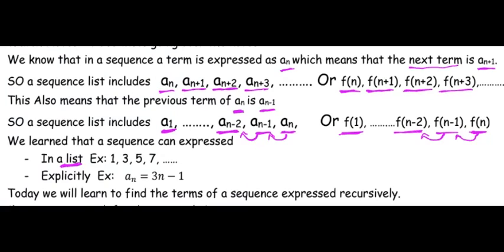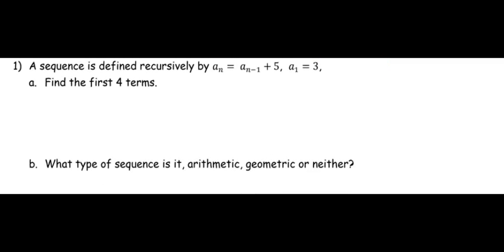Or we can express a sequence explicitly by the nth term rule. Today, we're going to learn how to express sequences recursively. That means we're going to use consecutive terms or previous terms.